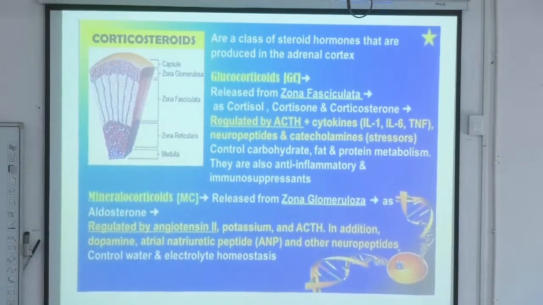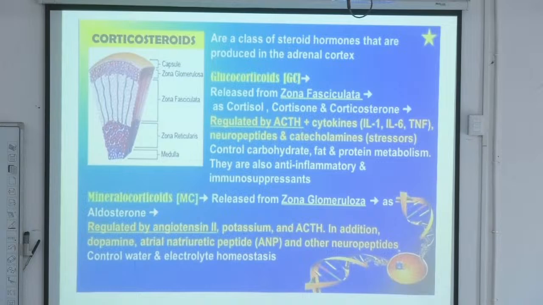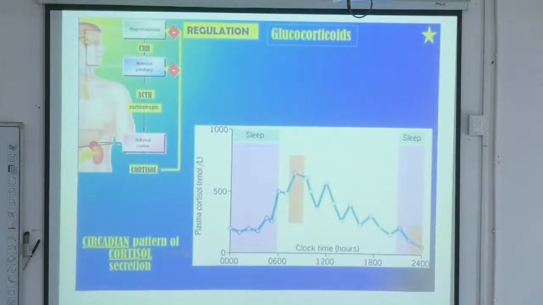Okay, so ACTH. See, hypothalamus secretes corticotrophin-releasing hormone, CRH. That acts on the anterior pituitary, and from the anterior pituitary, adrenocorticotrophic hormone is released. That ACTH acts on the adrenal gland and produces glucocorticoid.